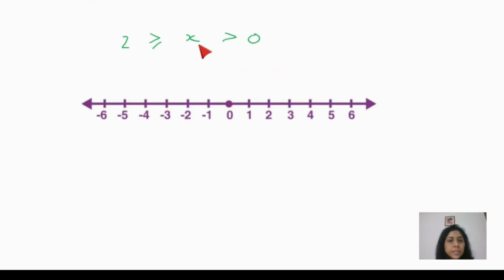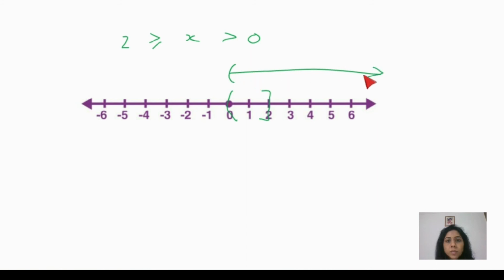So here it says x between 2 and 0. 2 is included, 0 is not included. Okay. So 0 is this, which is not included, and 2 is this, and it is included. So x is between like this, okay.